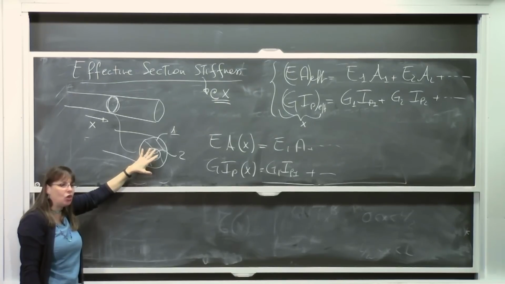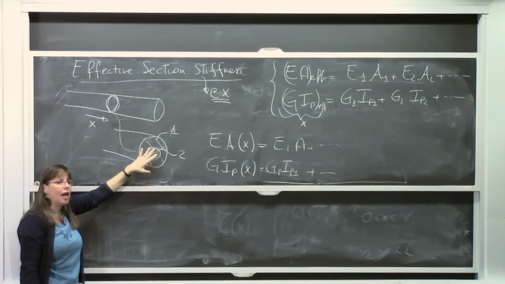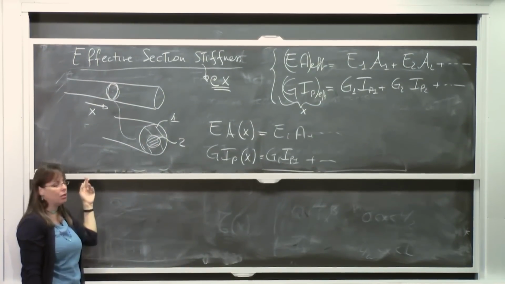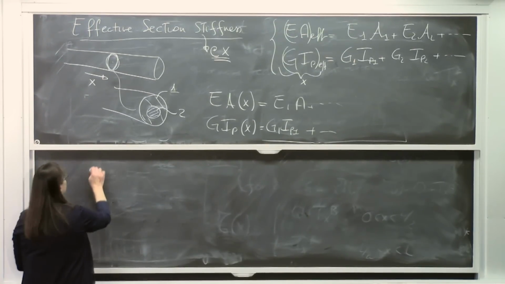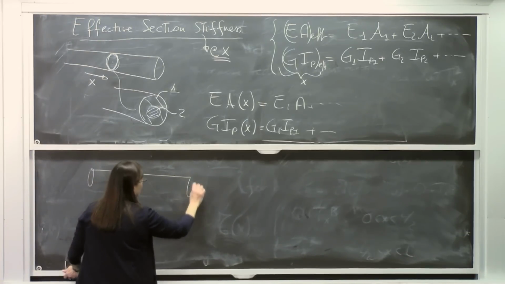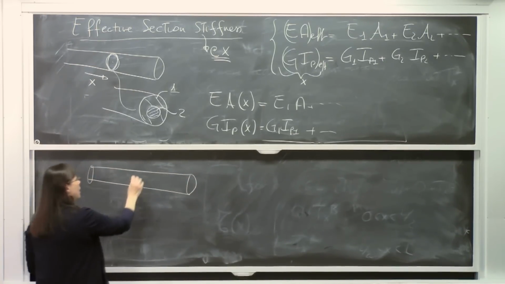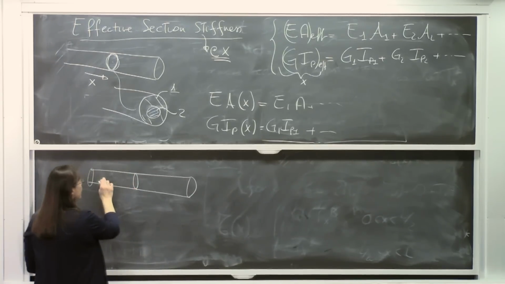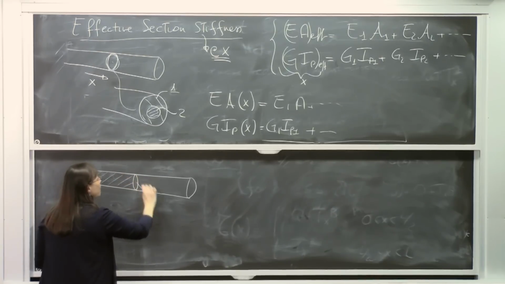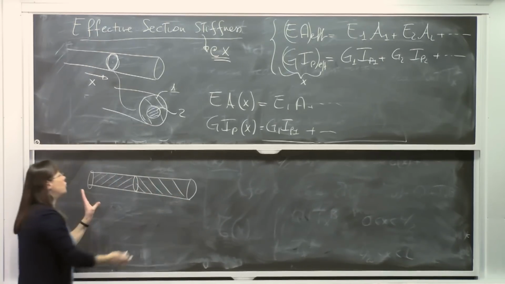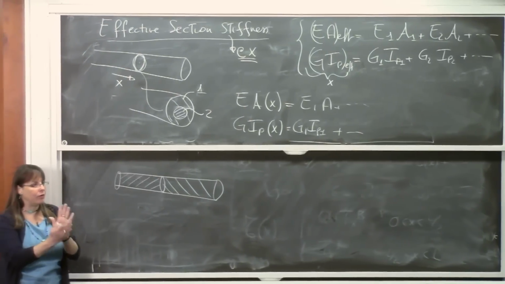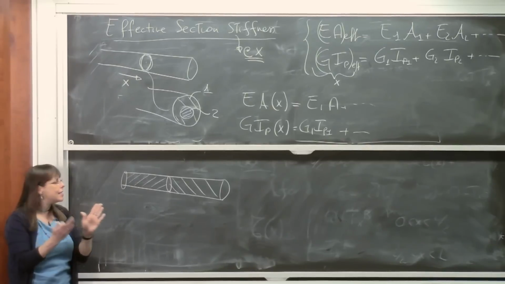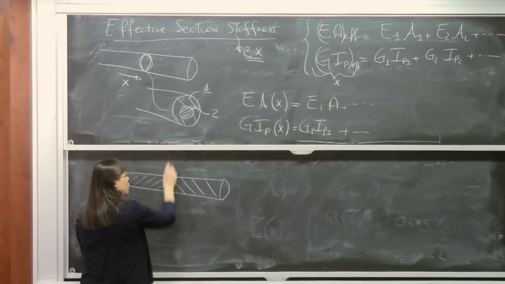Okay? Why am I giving all this emphasis to this thing? I'm giving this emphasis because in our first quiz, we had a bar which was made of two parts. It was not homogeneous, not in the sense that the sections were made of composite material, more than one material, but in the sense that the bar itself was made of two materials.